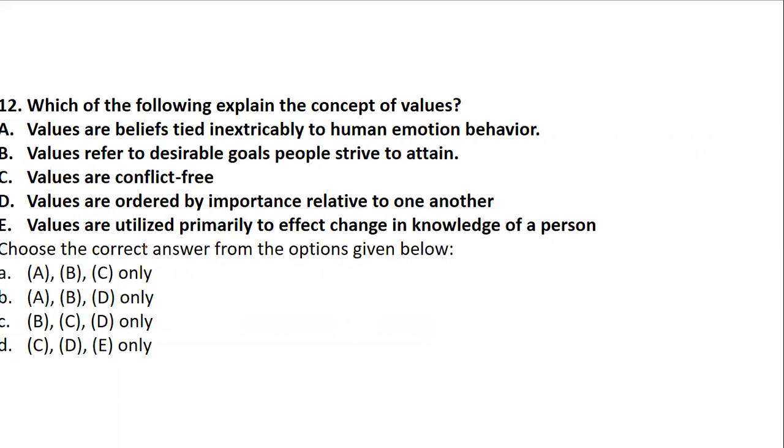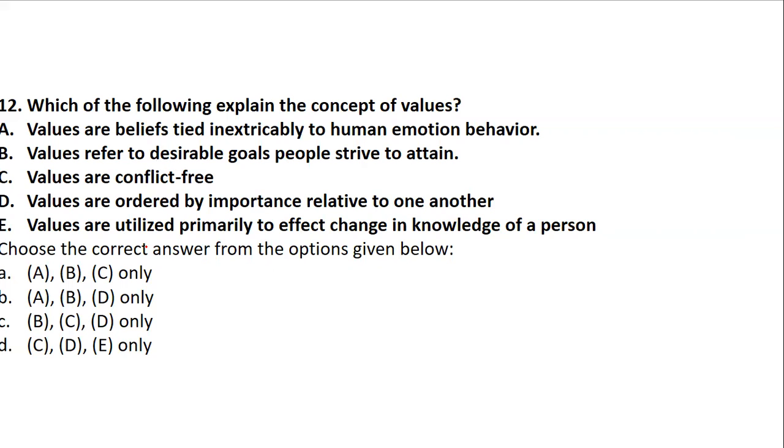So values are beliefs which are tied intricately to human emotion and behavior. Values can refer to desirable goals people strive to attain. They are conflict free. They are ordered by importance relative to one another. Values are utilized primarily to change the affect and knowledge of a person.